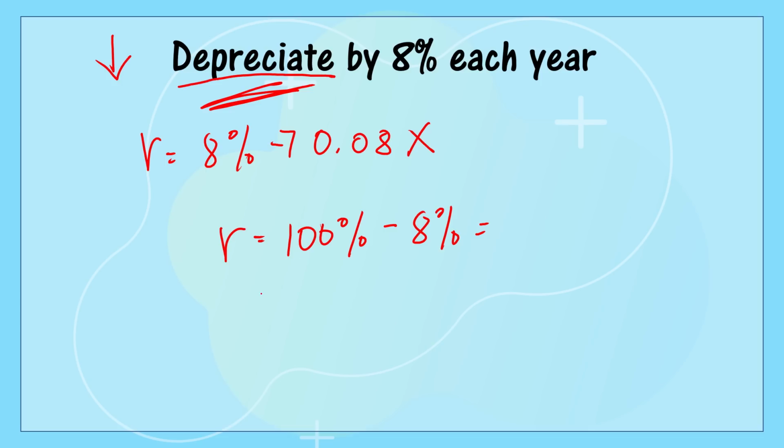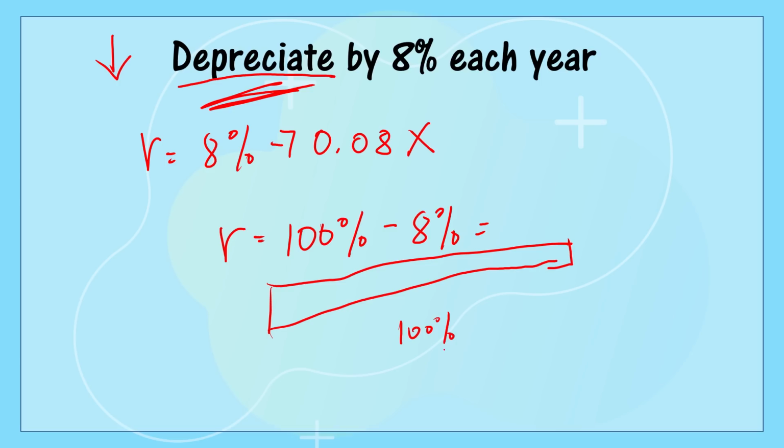Kumbaga kasi ganito, isipin natin itong isang buong figure na to, this represents 100%. O yung isang buong figure na yan, bumaba siya, ito yung 8%. For example, nabawas yung presyo na yan. Kasi nga, bumaba yung value niya. Ito yung 8% again.